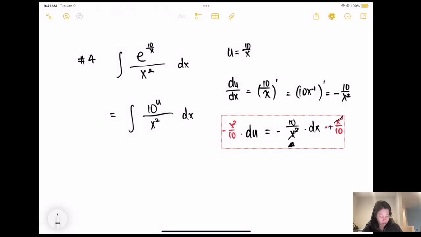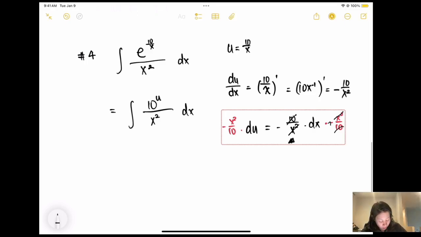So x squared, they cross cancel. 10 and 10 cross cancel. That's how we do it. When you see a fraction, multiply it by the reciprocal, which is the flip of the fraction. It will give you 1. All right. So our dx is going to equal negative x squared over 10 times du.